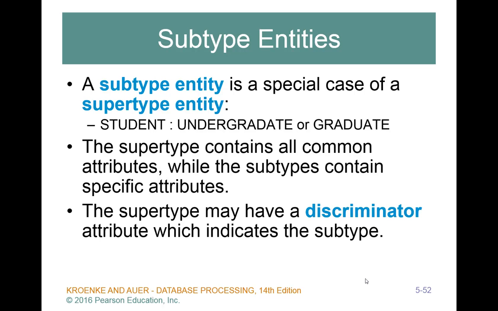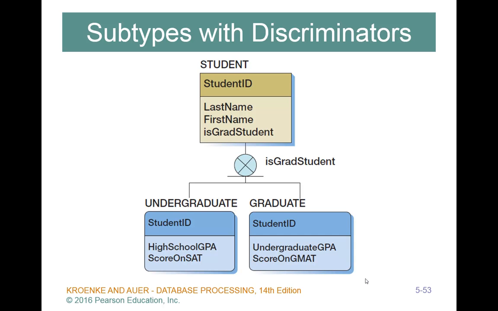Subtypes can be broken down into two ways of looking at it. If a supertype has what's called a discriminator, then those subtypes become what's called an exclusive subtype relationship. A discriminator in this example in our supertype would be the is grad student attribute in the supertype.